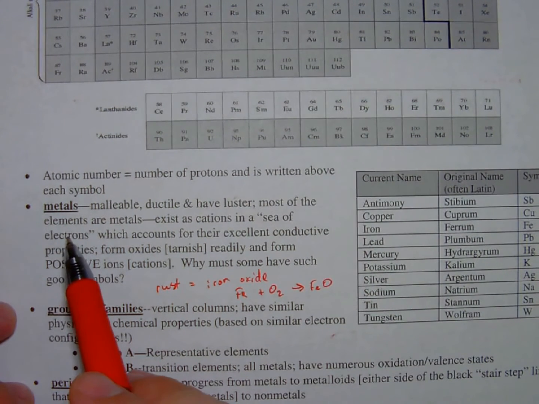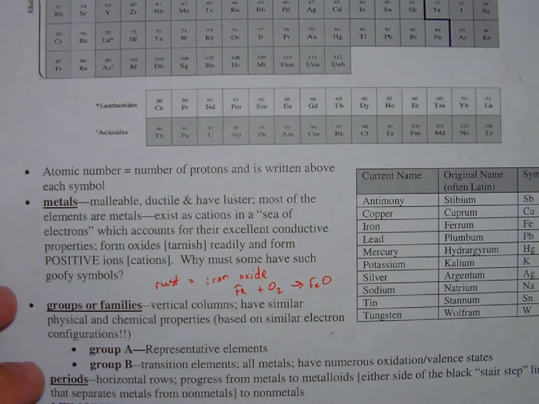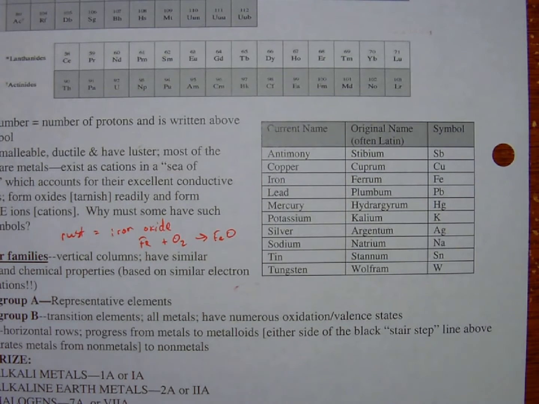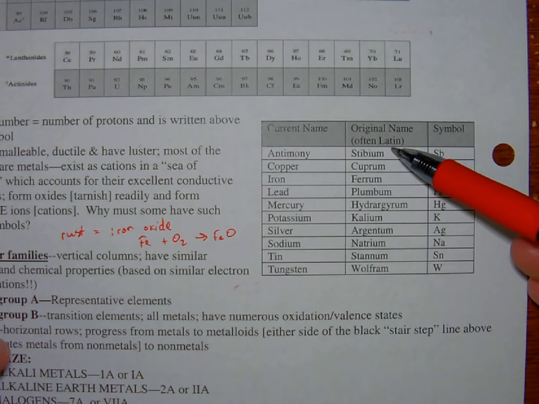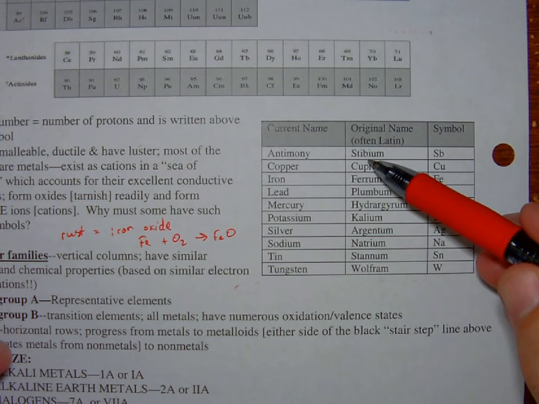Now, you might have noticed that a lot of these metals have weird symbols, right? A couple of examples: antimony is symbolized by Sb. That's because the original name, which is usually Latin, okay, not always, but usually Latin, is stibium.